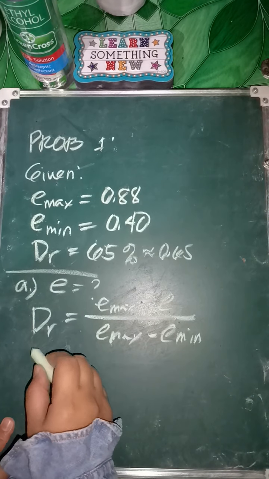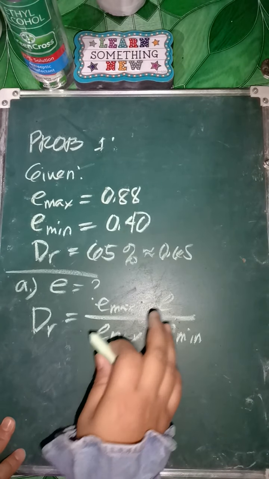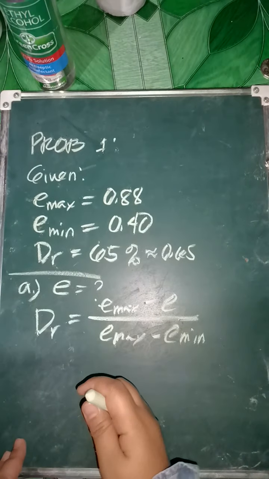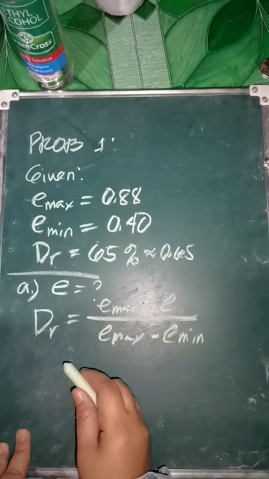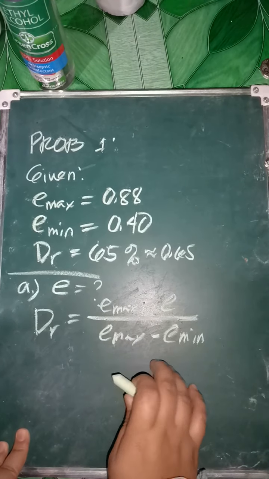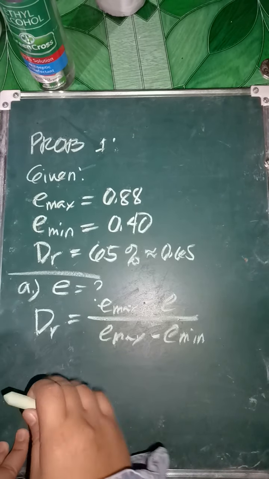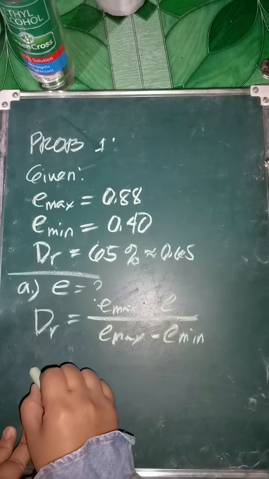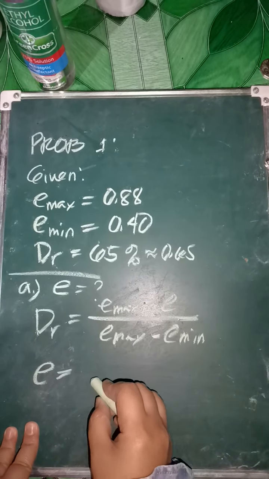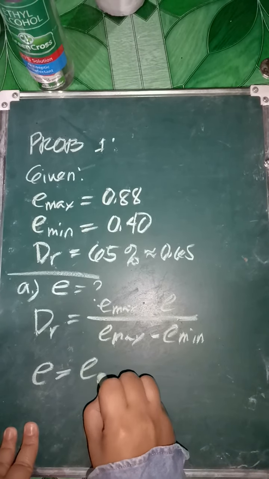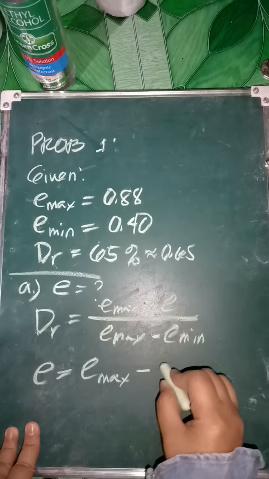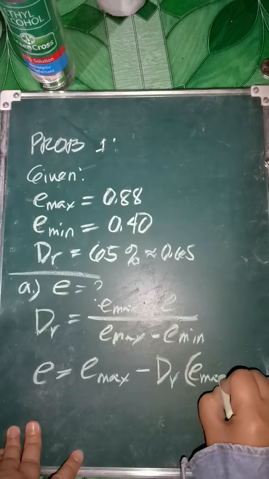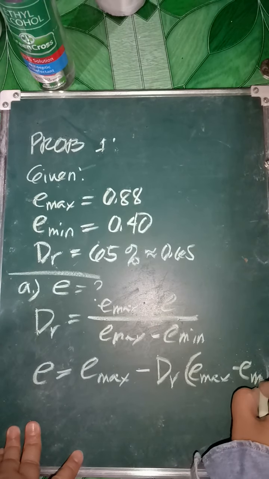Okay, we're going to substitute into the equation, or you may derive the equation. To derive it, we transpose this equation, and we will yield the in situ void ratio equals E max minus Dr multiplied by E max minus E min.